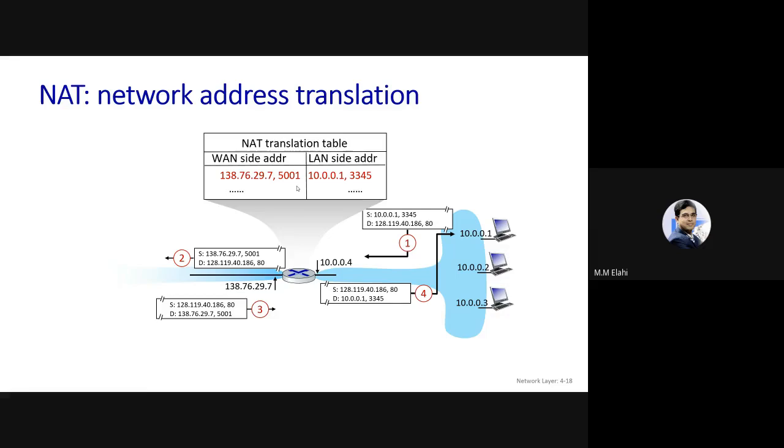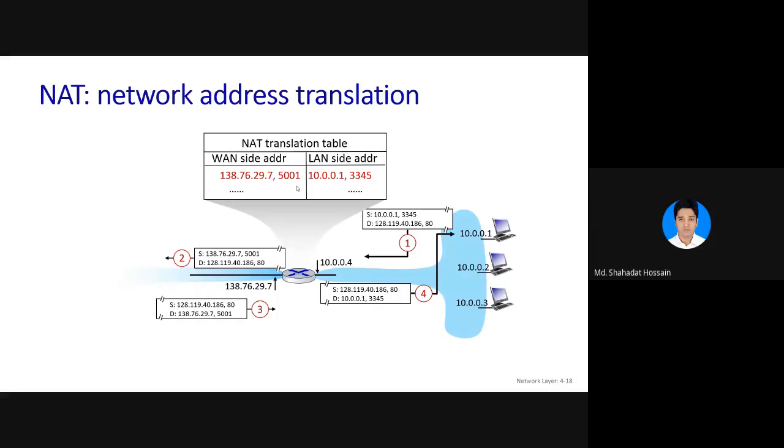Why? If there are multiple hosts from the local network communicating with the same server, the router will produce different port numbers. So for the second one 5002, for the third one 5003, but every time it is using the same public IP. You get my point?